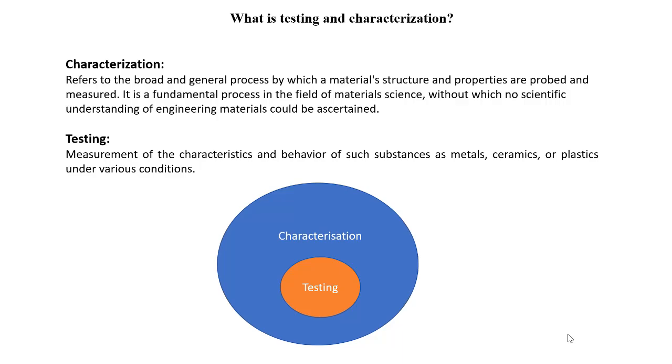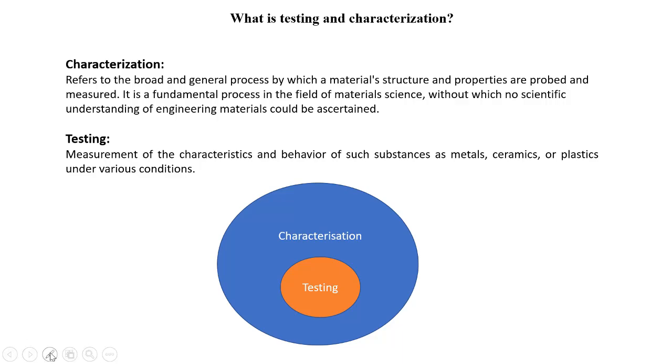So testing is a particular checking of a particular physical property or chemical property, something like that. It can vary from material to material, and what property you want to check in the material.